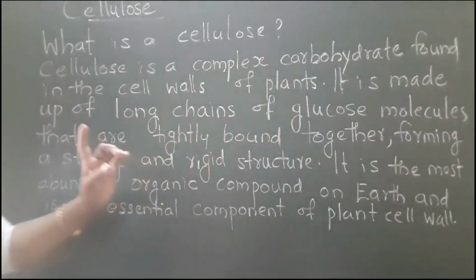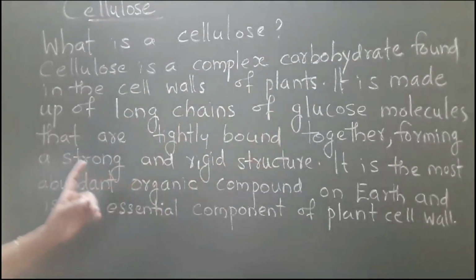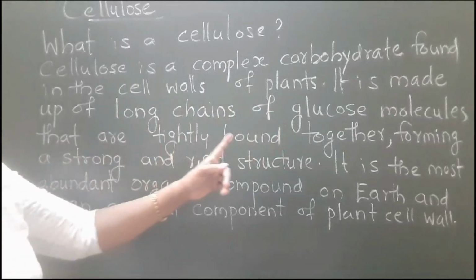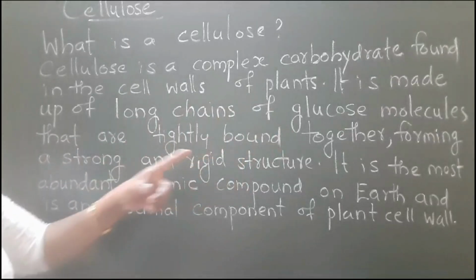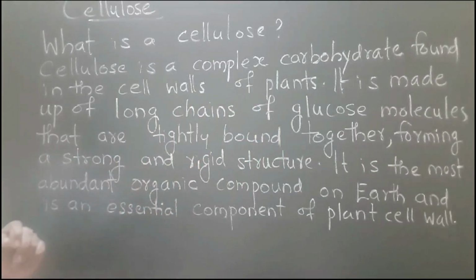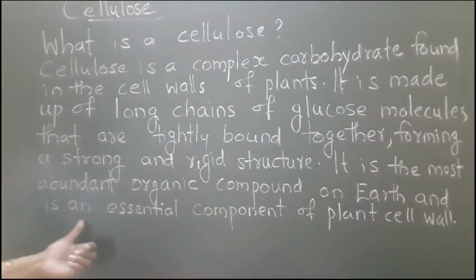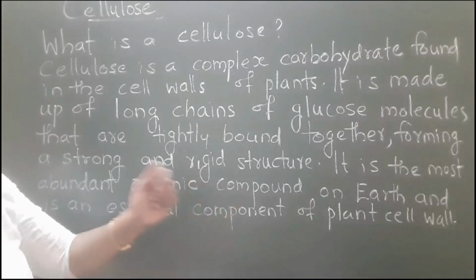It is made up of long chains of glucose molecules that are tightly bound together, forming a strong and rigid structure of a cell wall. It is the most abundant organic compound on earth and is an essential component of the plant cell wall.